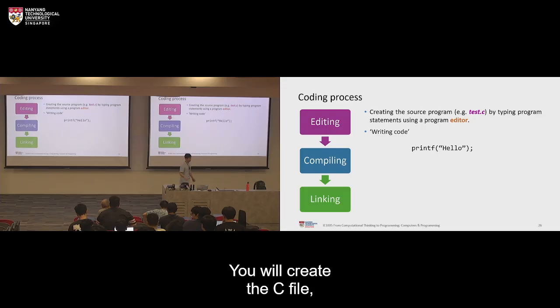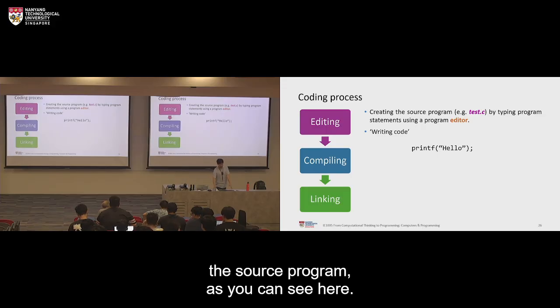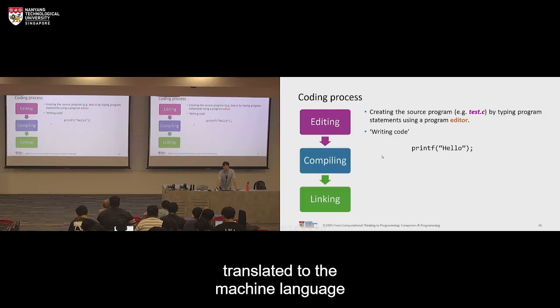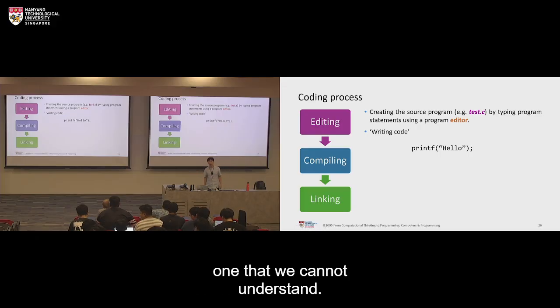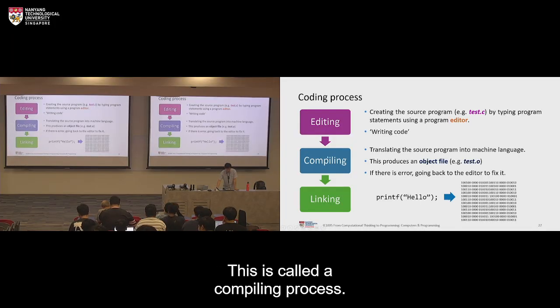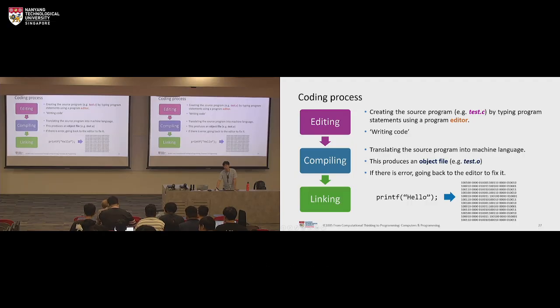So you will create the C file, the source program, as you can see here. Then this C language will be translated to the machine language, consisting of the 0 and 1 that we cannot understand. This is called the compiling process.